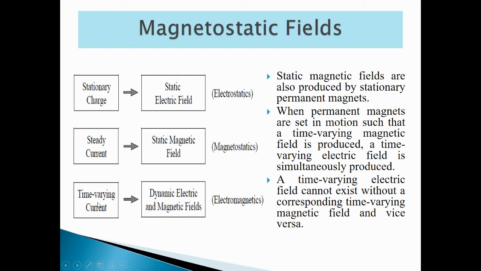And a time-varying current, which changes its direction over time, from positive to negative and negative to positive, produces dynamic electric and magnetic fields, which we call the electromagnetic field. The electric field produces a magnetic field together, and the mixture of electric and magnetic fields produces the electromagnetic field.